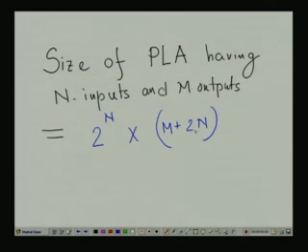So, this is the size, and these many cross points are also available, the maximum number of cross points.